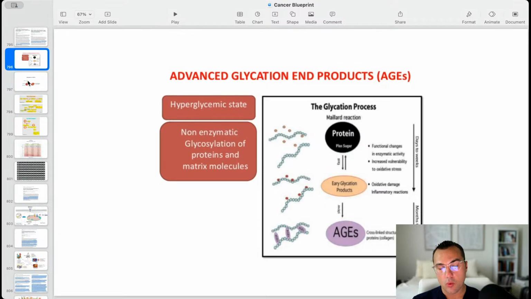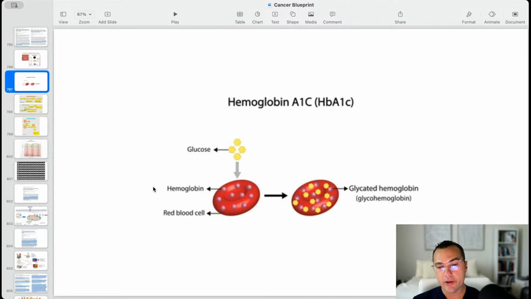One of the ways we in medicine can know how good your glycemic control is, is something called a hemoglobin A1C. We have red blood cells circulating throughout our blood system, and inside them is a molecule called hemoglobin, which carries our oxygen around and donates it where it needs to go so that we can complete the process of respiration at the cellular level.